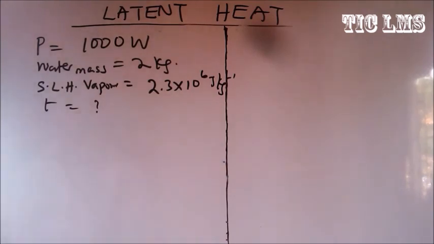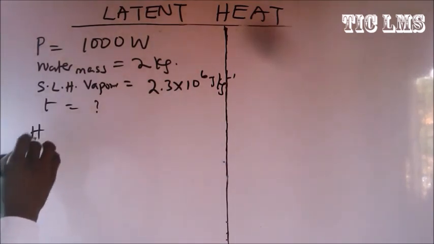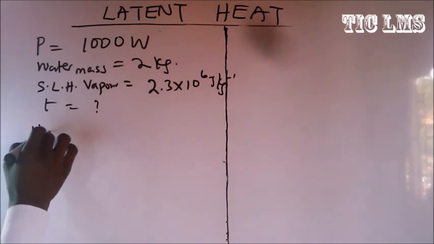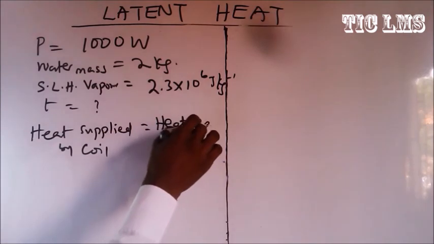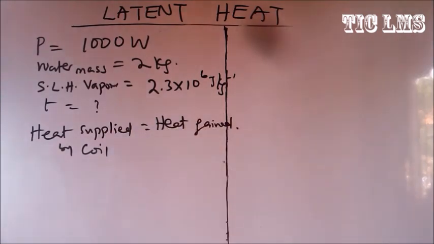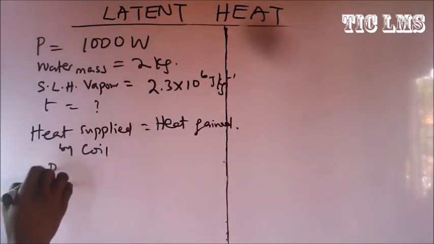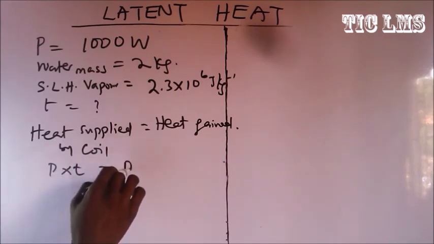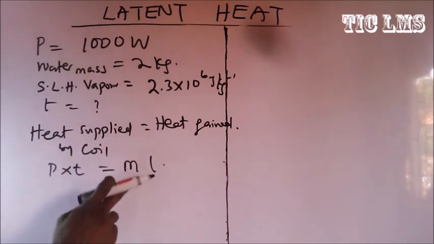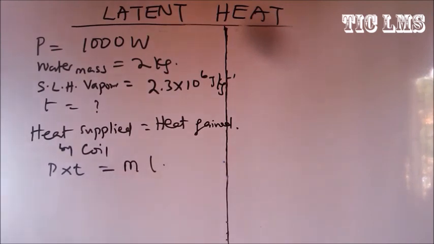So we have it that the heat that was supplied by the coil is equal to the heat that was gained for vaporization. So heat supplied is power times time, which is equal to mass times L. That is mass of the water times the latent heat of vaporization.